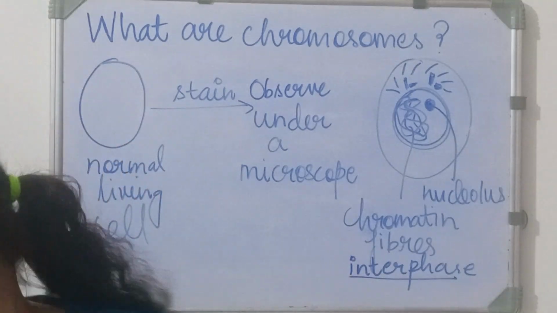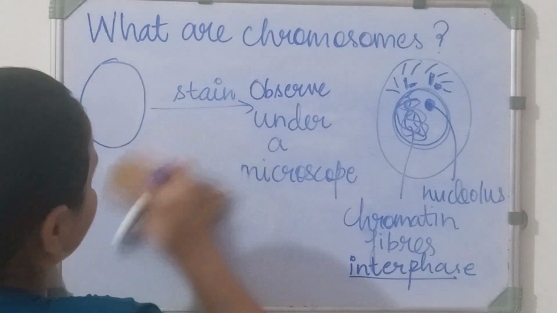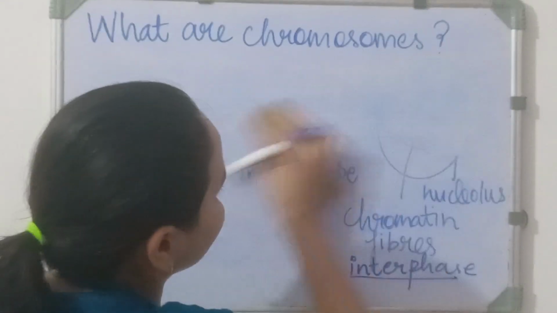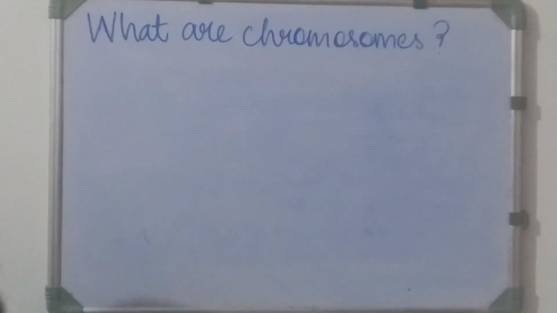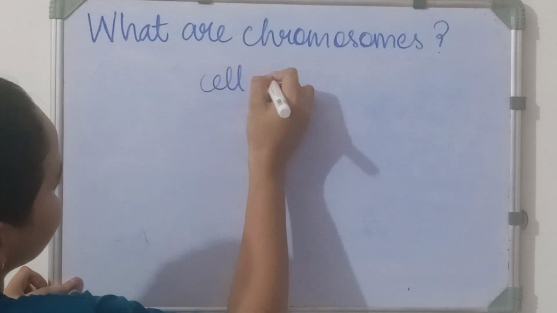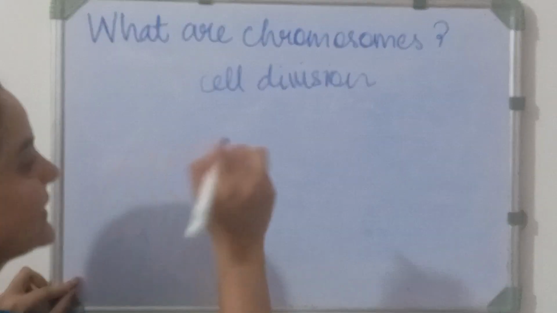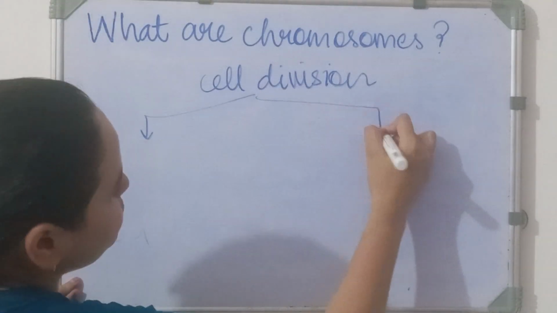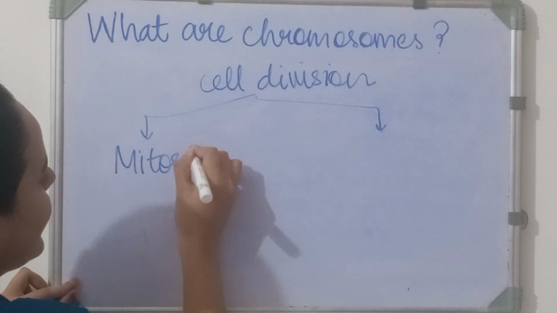Now I am giving you a hint. Cell division is divided into two types, mitosis and meiosis.